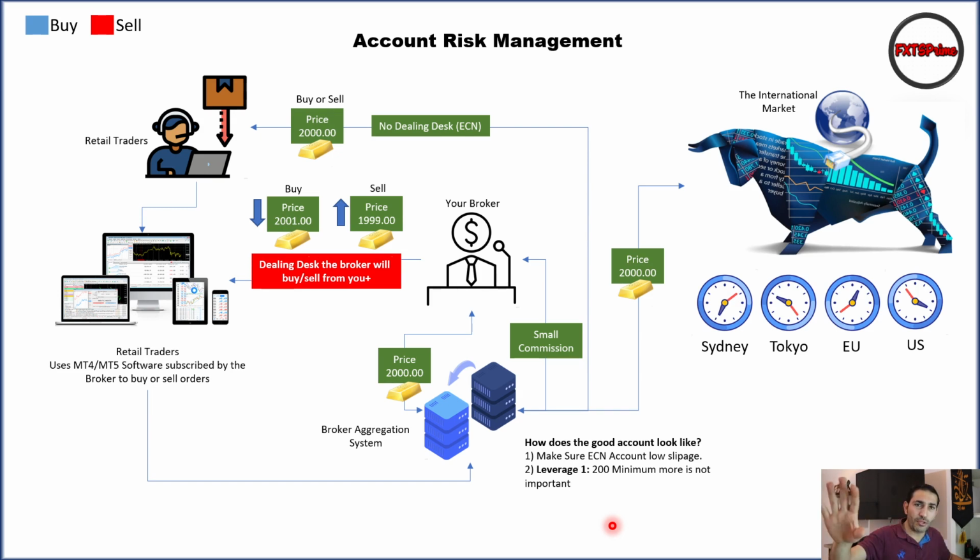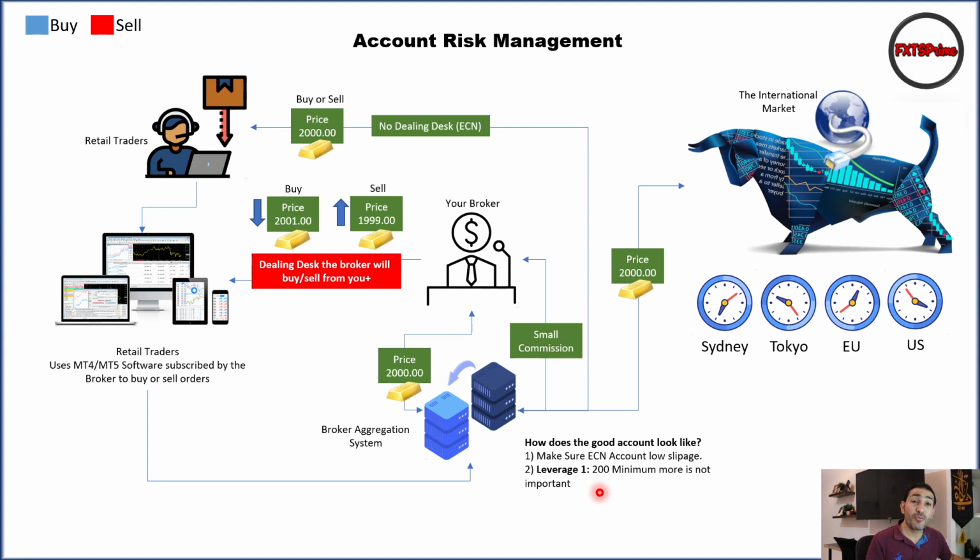So you open two lots in a $500 account, 2 seconds, your account is finished. You don't know what has happened. The market is against me. The broker, he killed me. No, you don't know what you are doing. Okay, so make sure the leverage is 1 to 200. And if it's more than that, it's not important.